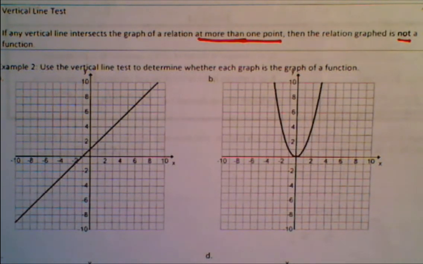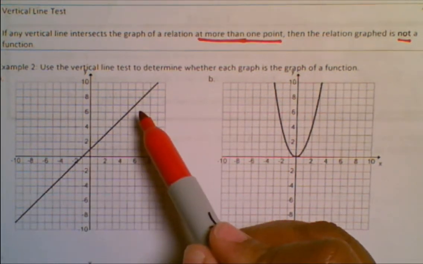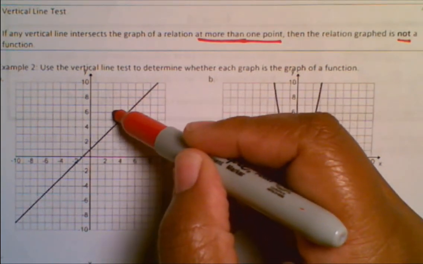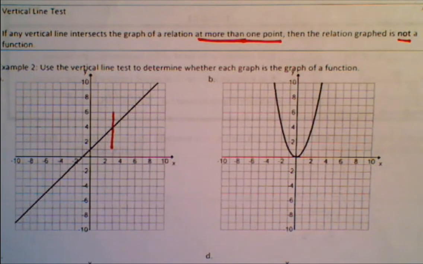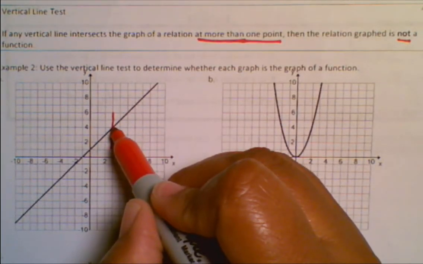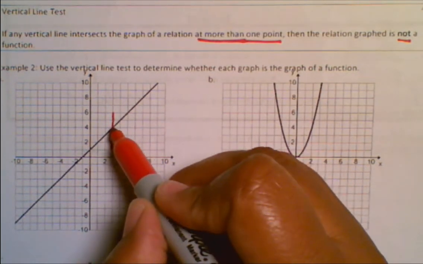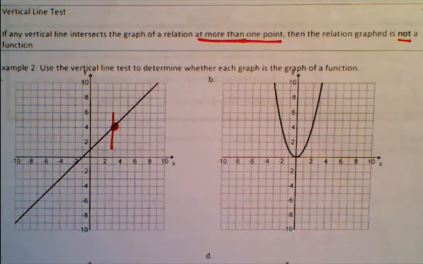So what this means here is that here we have a linear equation. And I'm going to draw a vertical line. And what we want to look and see is, does one or two points touch this black line when we draw the vertical line?